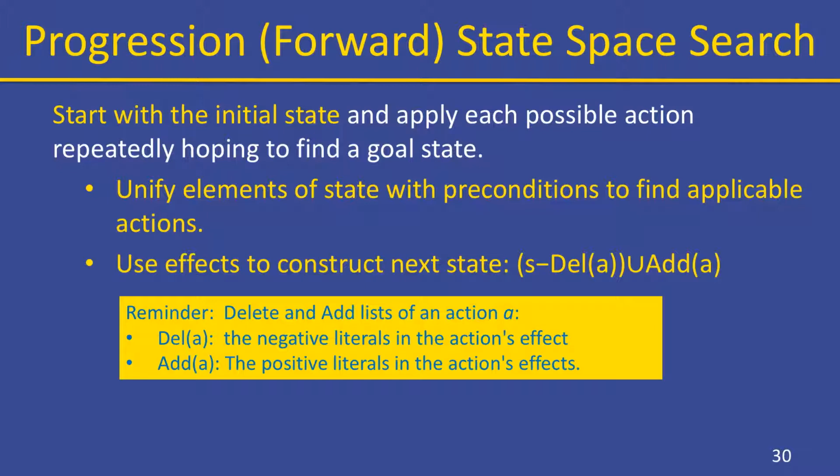Remember, we said each action has a delete list and an add list, and the delete list is made up of the negative literals in the action's effect, while the add list is made up of the positive literals in the action's effect. So we build successor states by removing the literals in the delete list and adding those in the add list to our state.